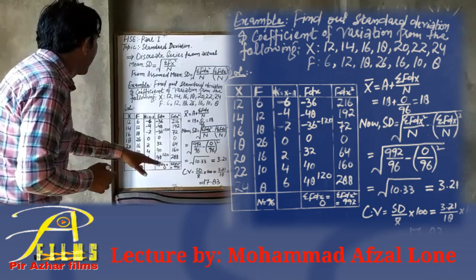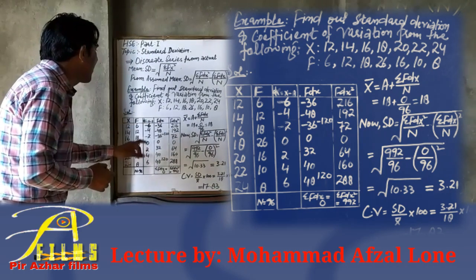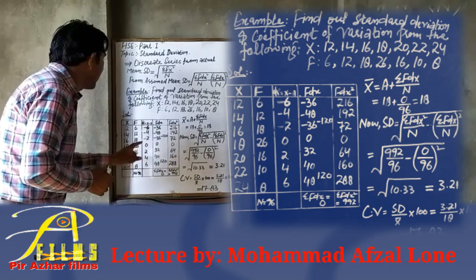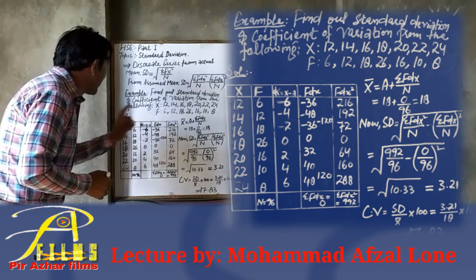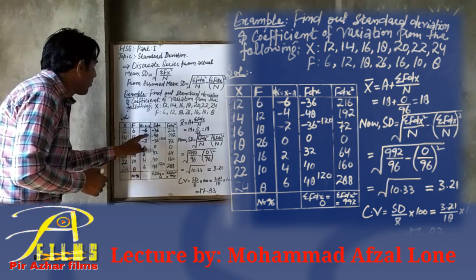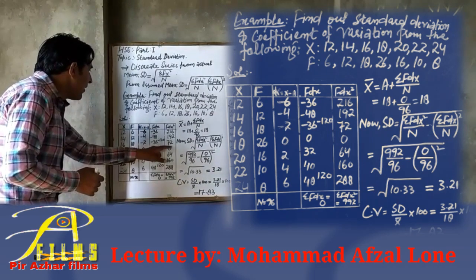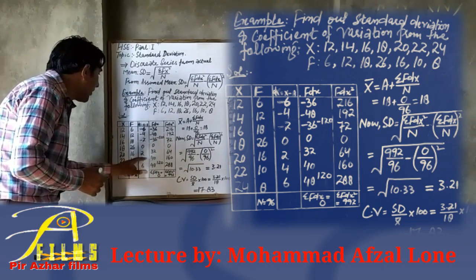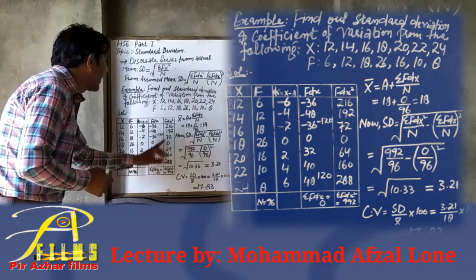Now f dx square. We multiply dx with f dx: 6 into minus 36 is 216, minus 4 into minus 48 is 192, minus 2 into minus 36 is 72, 0 into 0 is 0, 2 into 32 is 64, 4 into 40 is 160, 6 into 48 is 288.